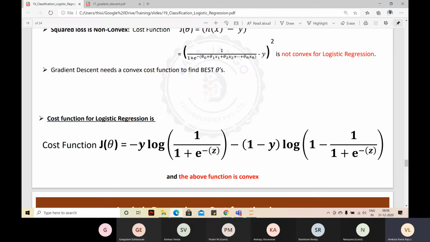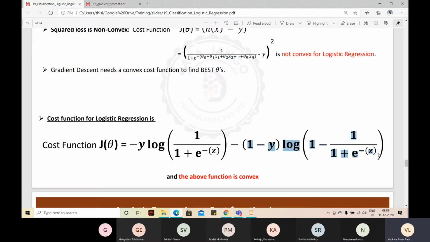Got it? So minus y and 1 minus y we added for a reason. I'll explain that in a moment. So minus log of 1 by 1 plus e power minus z, where z is nothing but this linear equation. And again 1 minus 1 by 1 plus e power minus z. Why did we add minus y and minus 1 minus y? If y, the target variable, is equal to 1, the second term becomes 0.